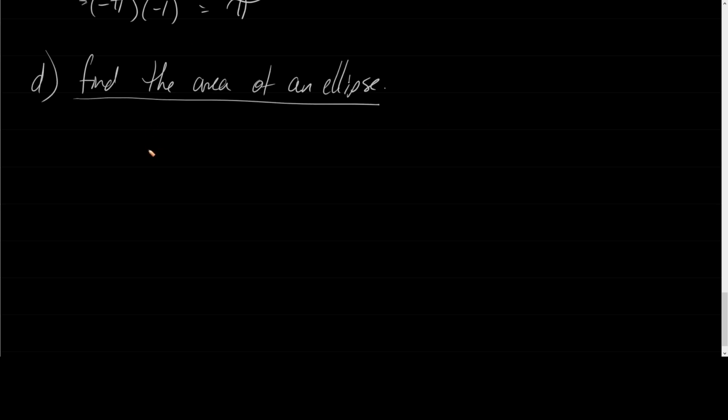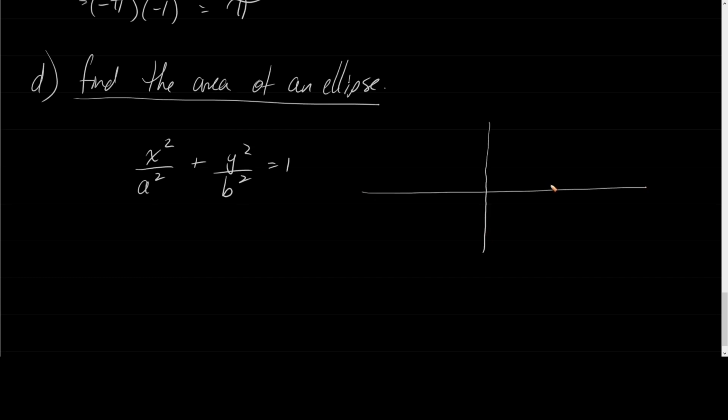The formula for an ellipse centered at the origin will be x squared over a squared plus y squared over b squared is equal to 1. We're centered at the origin, so we have something like this, where this value is a, this value right here is negative a, this value here is b, and this value right here is negative b.